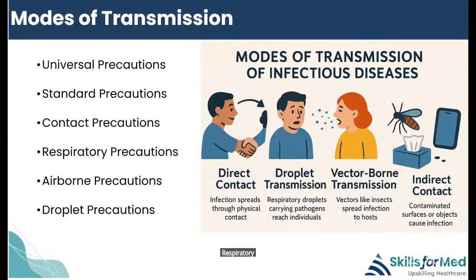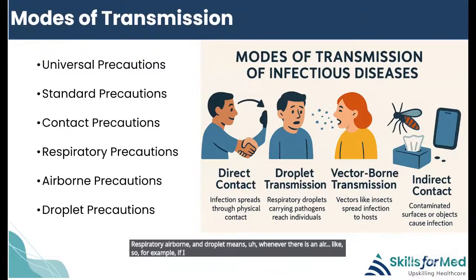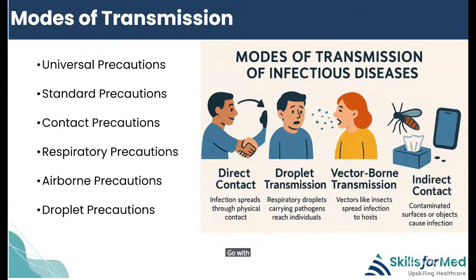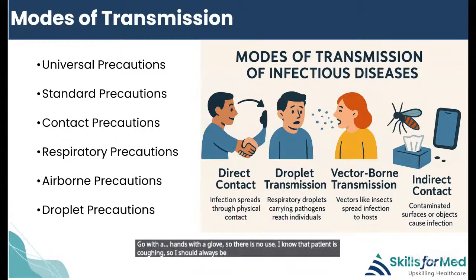Respiratory, airborne and droplet means whenever there is airborne transmission. For example, now the season is winter, and if I get a patient with a cold and cough, going in with gloved hands is of no use. I know that patient is coughing, so I should always wear a mask, which is very important.